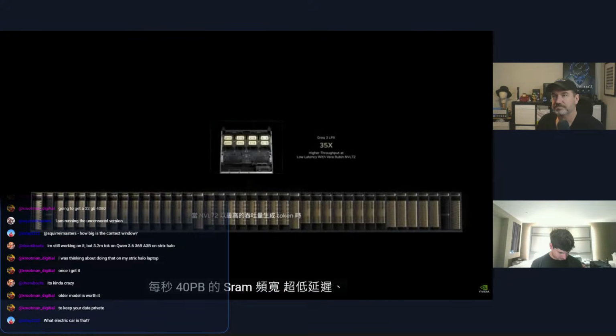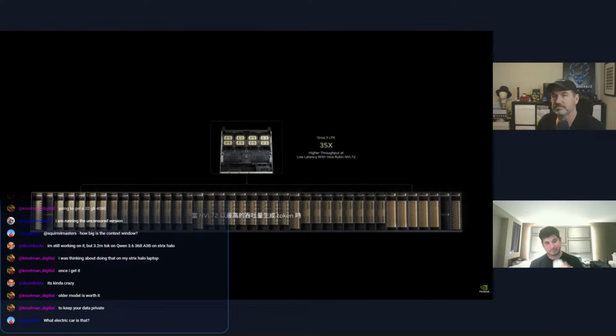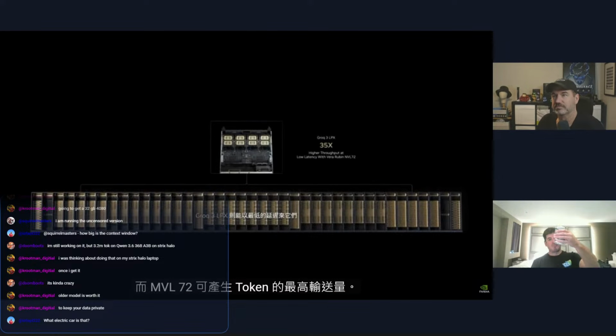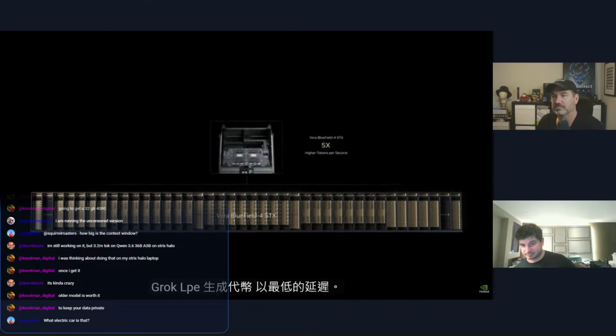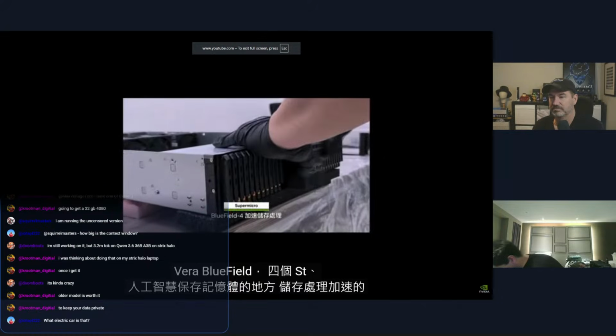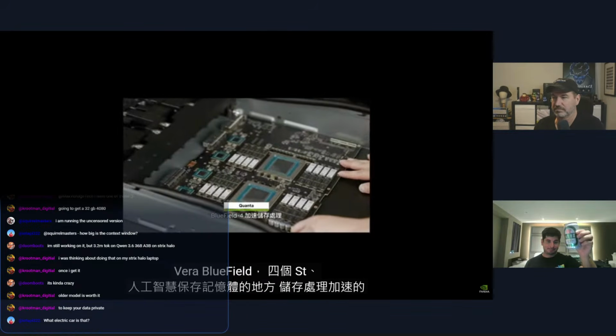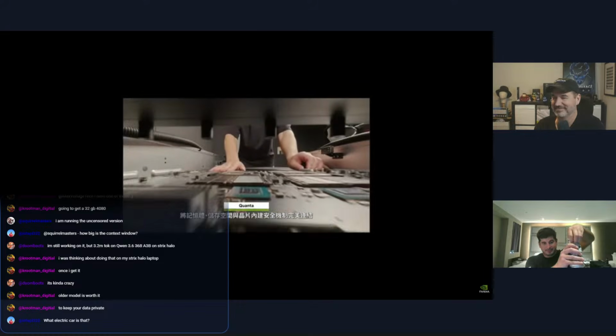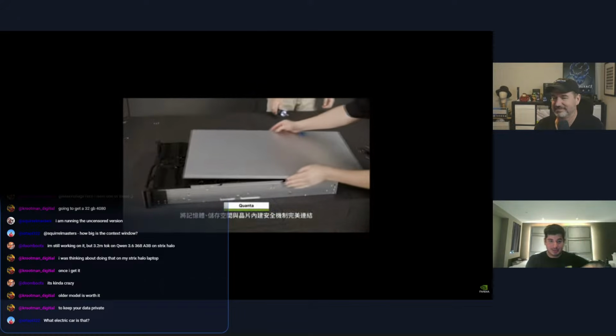While NVL72 generates tokens at the highest throughput, Grok LPX generates them at the lowest latency. Vera BlueField-4 STX, where AI keeps its memory. Storage processing accelerated by BlueField-4, connecting memory, storage, and in-silicon security.